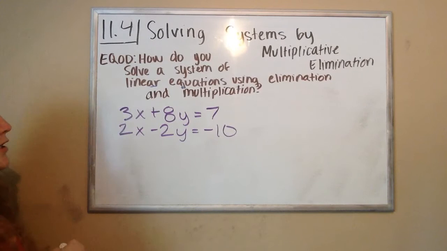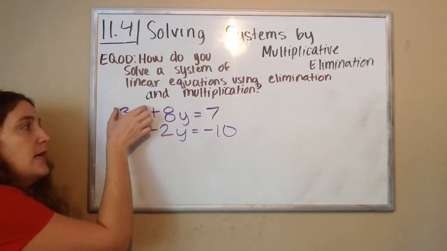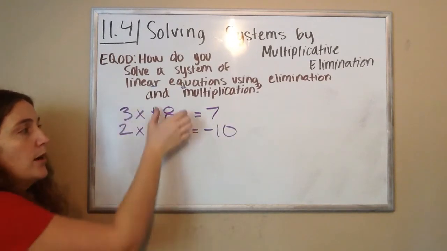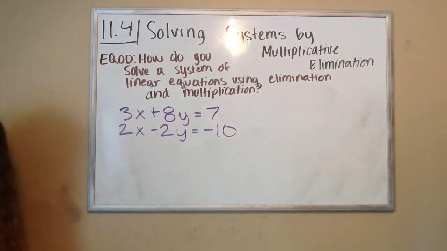So what you might notice right now is with elimination, we want to either eliminate the x's, get rid of those, or we want to eliminate the y's, get rid of those. And you know that in order for us to get rid of them, they have to have opposite coefficients.